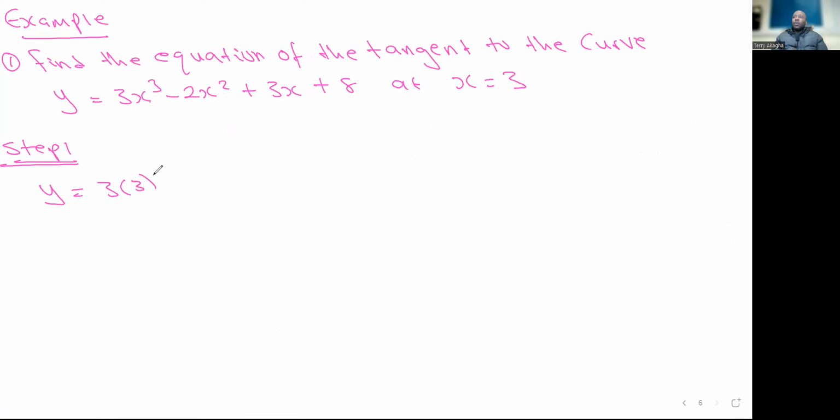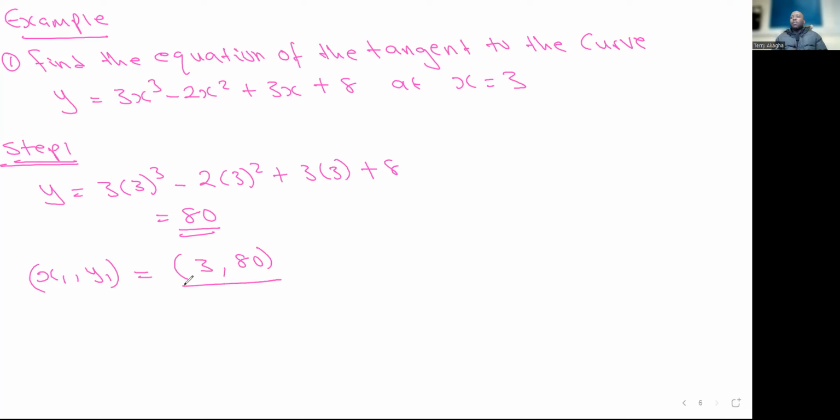And when you press your calculator for this, your answer is going to give you 80. So our x1 is 3 and the y1 is 80. So we found the x1 and the y1. Are you seeing it?